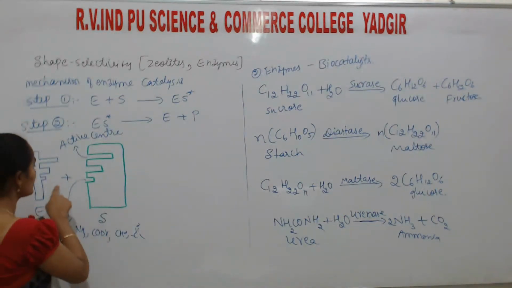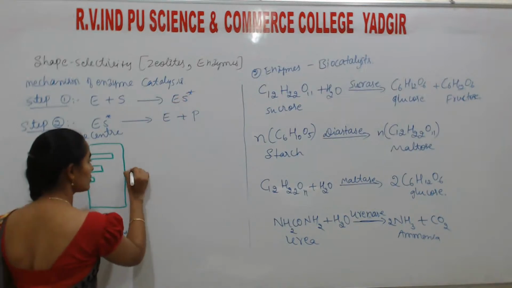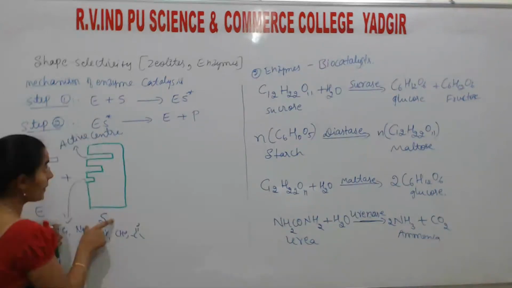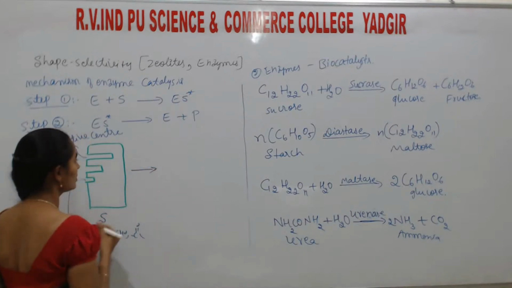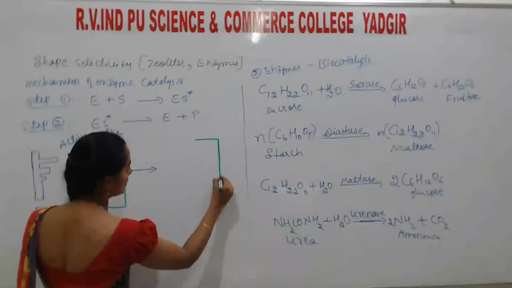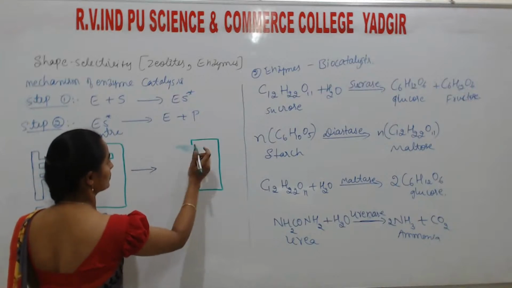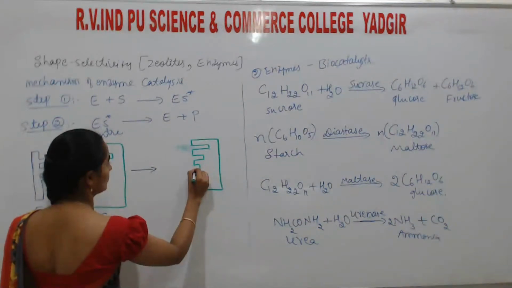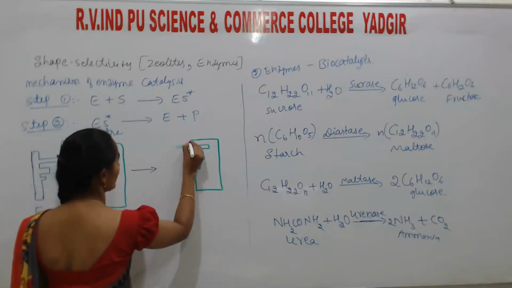Understand? So then what happens? These combine together to form ES star. So this is how the reaction takes place. How will they form? Listen. This is the substrate here. So this is the enzyme.